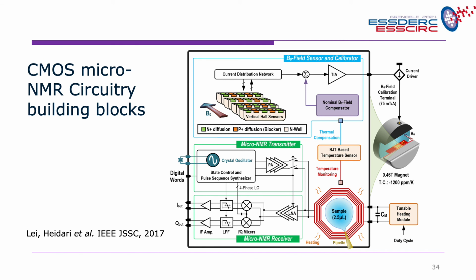The different blocks that have been included in this work include the micro NMR transmitter here. So we had a receiver, and as mentioned, we used vertical Hall sensors for monitoring the magnetic field inside our magnet, which generated around 500 millitesla, half a Tesla magnetic field.